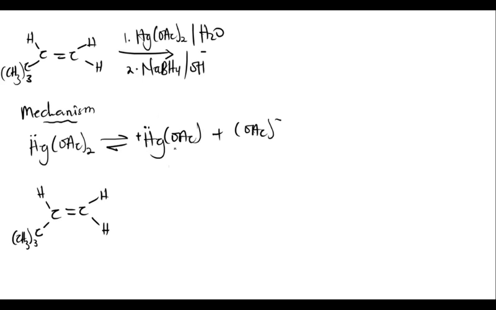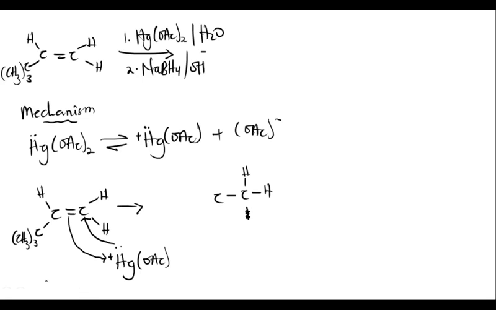So this ion will now come for the electrophilic attack to occur. The double bond will attack the positive center, then the lone pair will attack this carbon over here. So we get this as our intermediate.